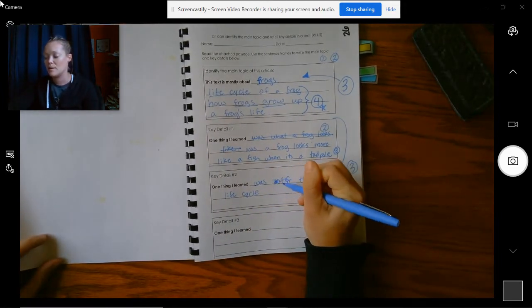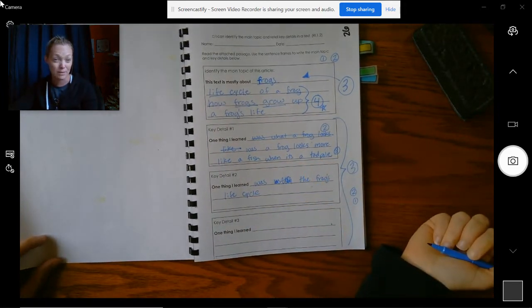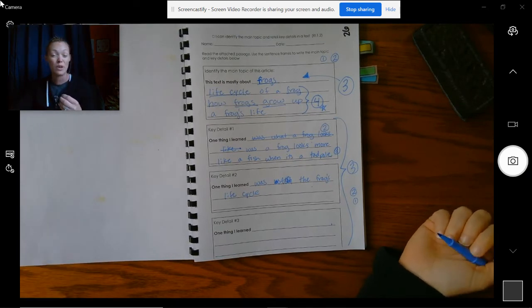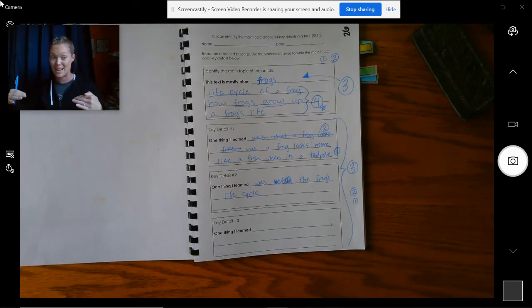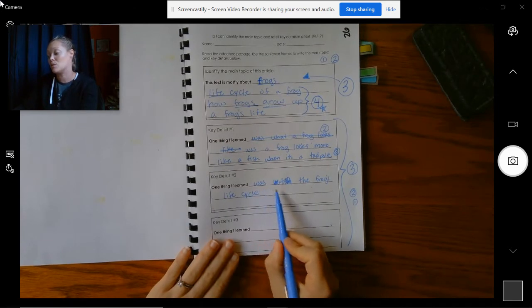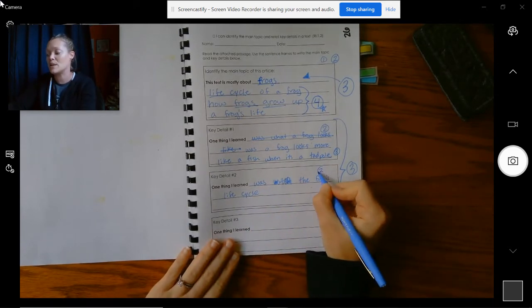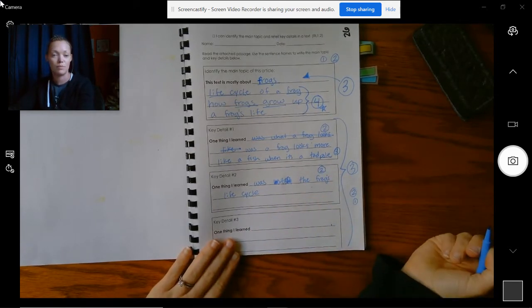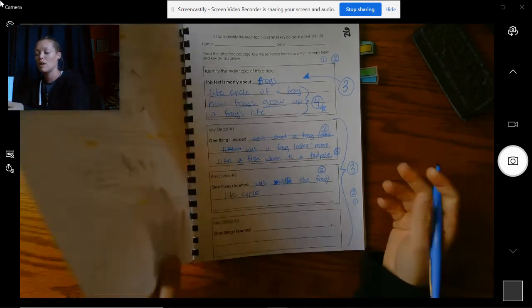Okay, that's more of a main topic. On the key details, I want you to tell me what about its life cycle. So the frog's life cycle, that would be a 2. I learned the frog's life cycle.